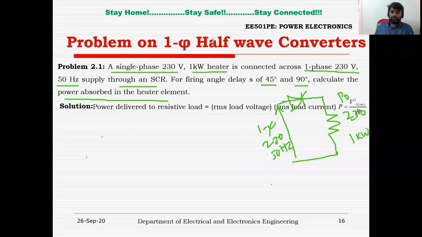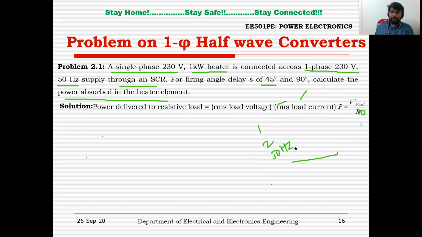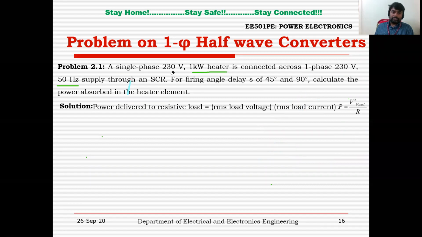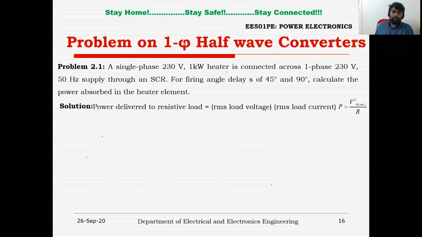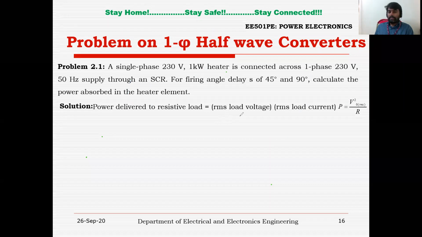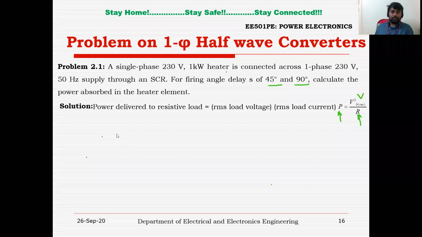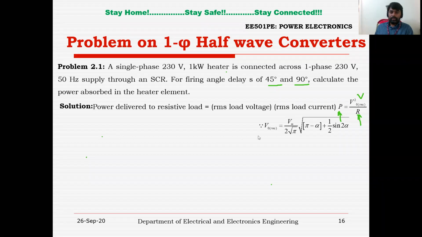In order to understand this, we discussed in the last slides that the power delivered to the load is given as V naught RMS into I naught RMS. In terms of voltage, you can write V naught RMS squared divided by R. So if you know the heater resistance and the RMS output voltage at this firing angle, you can calculate how much power is consumed by the resistive load, the heater. We have derived the expression for V naught RMS.